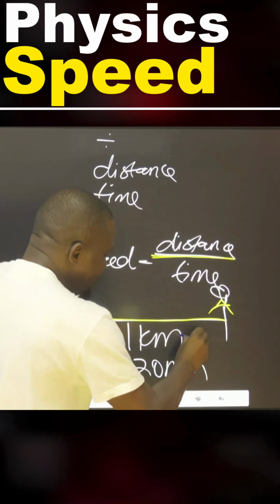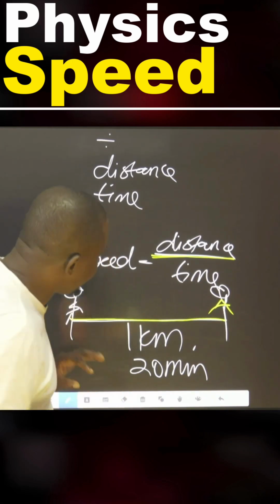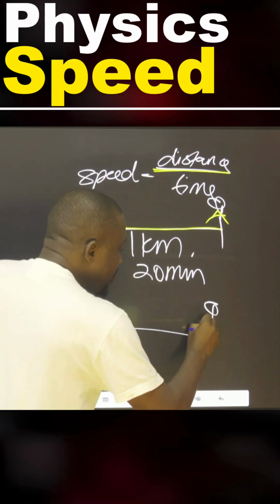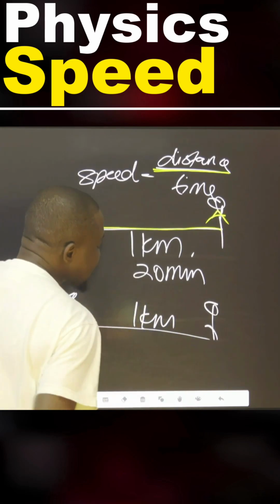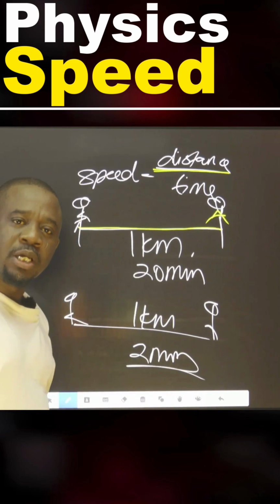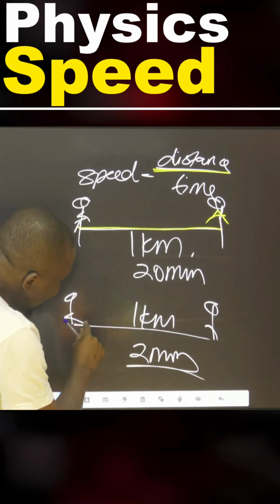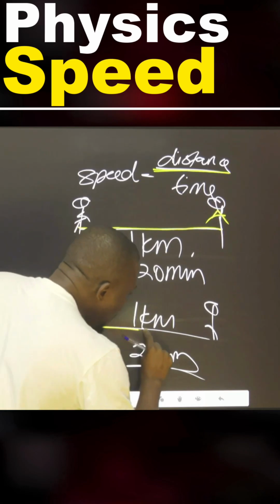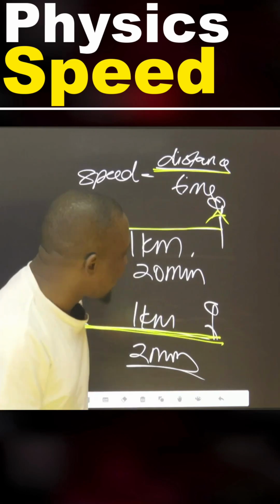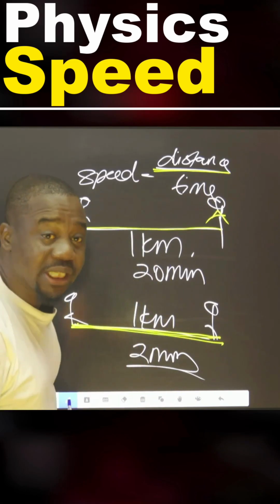But for the same distance, Usain Bolt will use 2 minutes. As you can see, the time it took Usain Bolt to cover this distance is smaller than my own time.